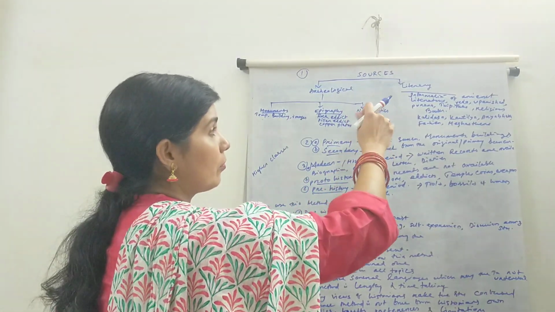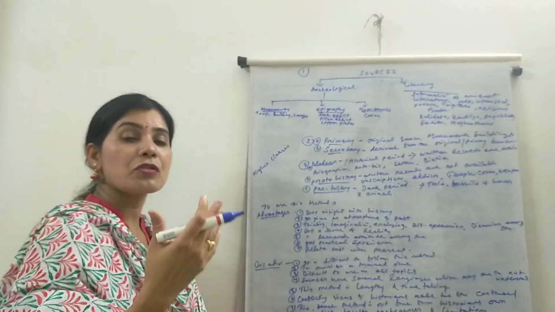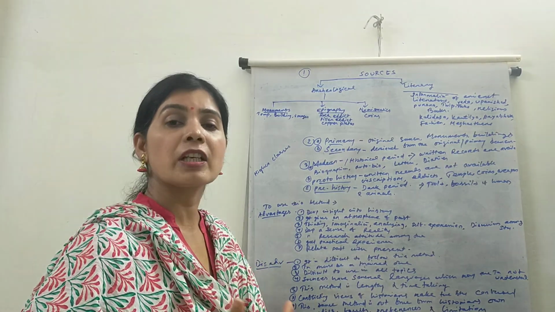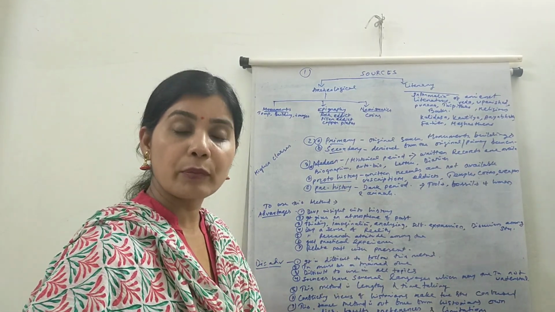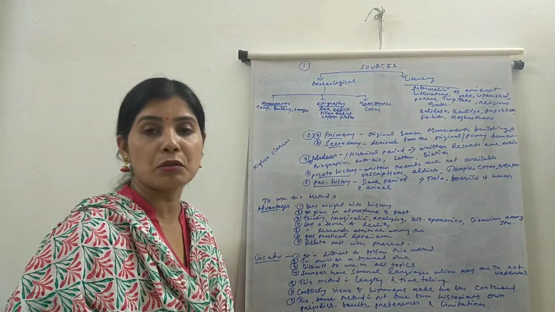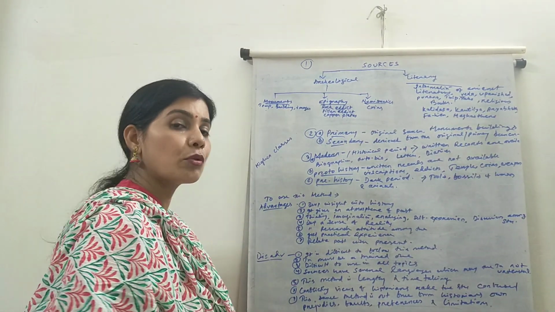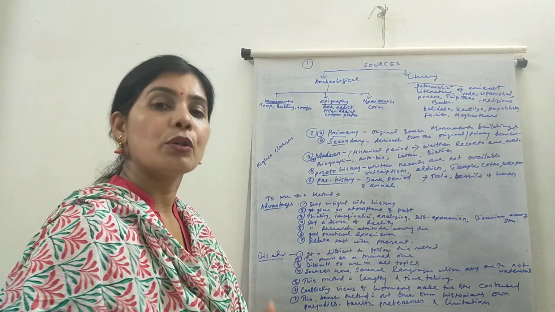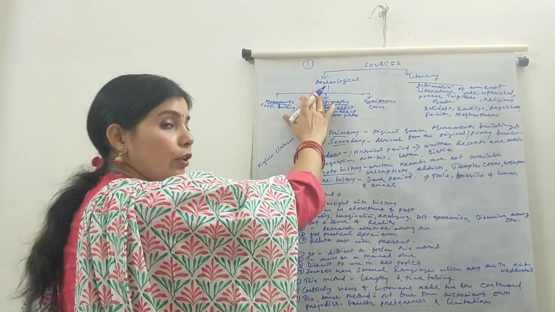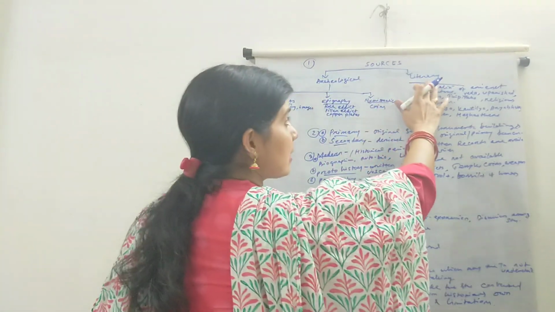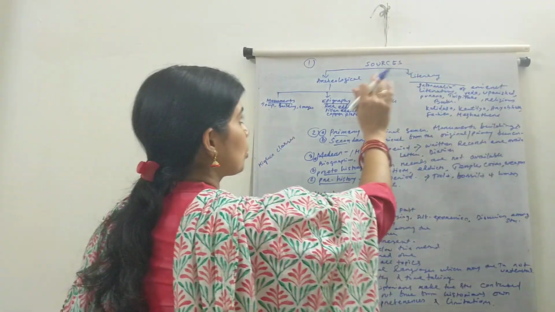So first you just remember that the material which helps us to collect information about our past is known as sources. Sources are broadly divided into two types: one is archaeological source and second is literary source.